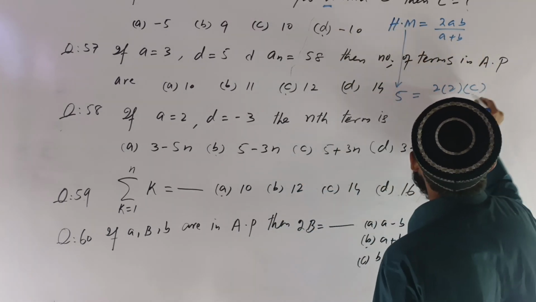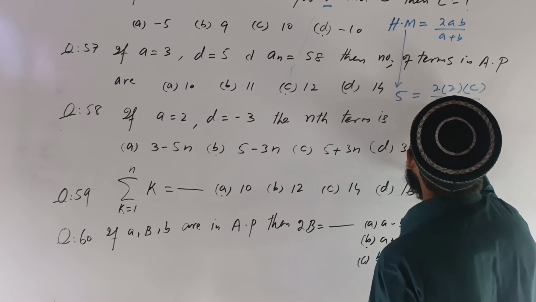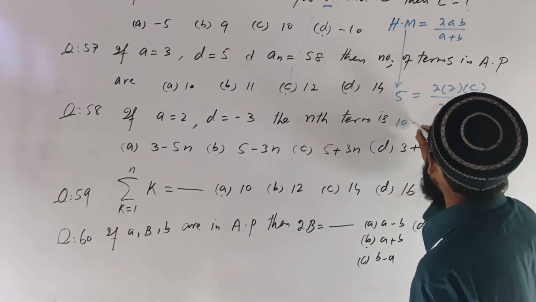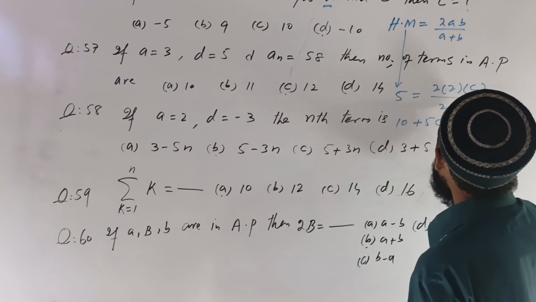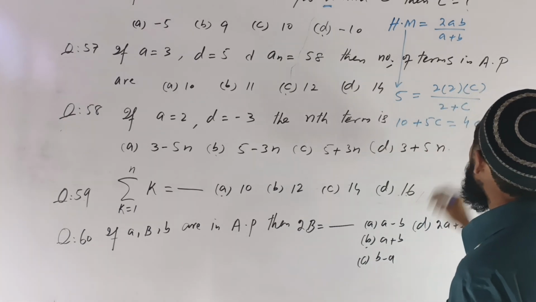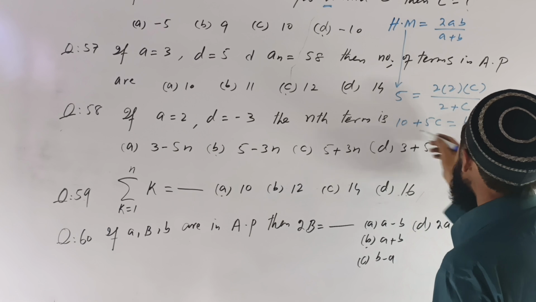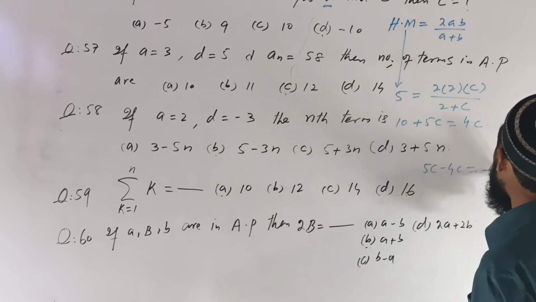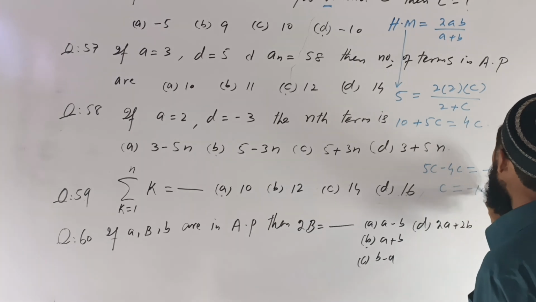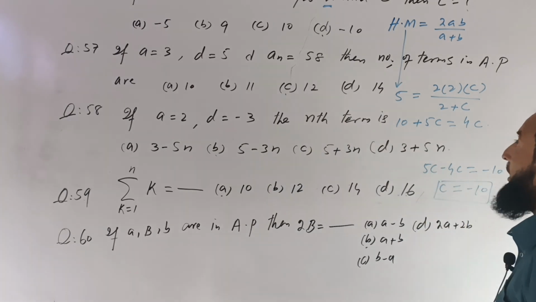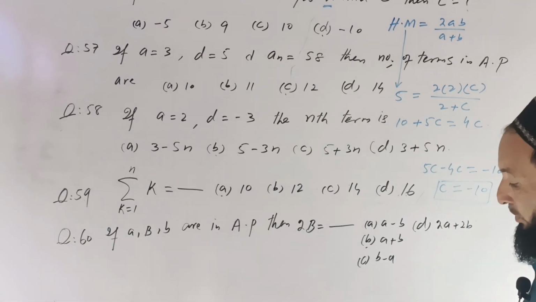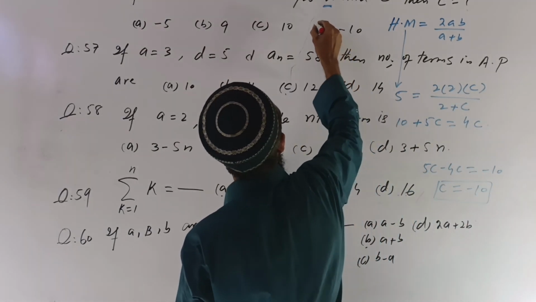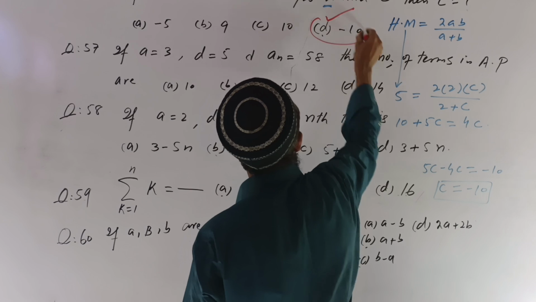So we replace them: 5 equals 2 times 2 times c divided by 2 plus c. If we multiply, we get 10 plus 5c is equal to 4c. So c is required: 5c minus 4c is equal to minus 10, so c is equal to minus 10. D is the correct option in this case.